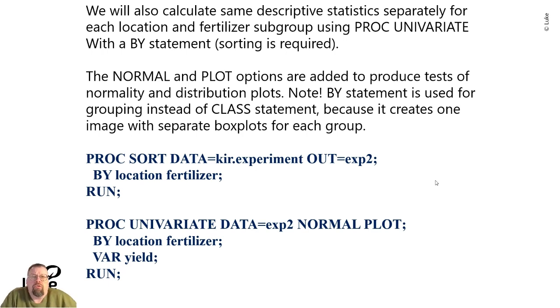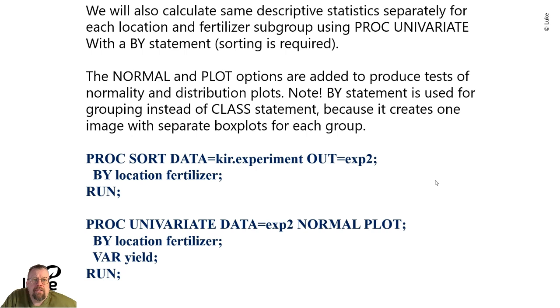Again, we can also calculate the same descriptive statistics by using proc univariate like we did earlier, and we can do that also by subgroups. We can also use the normal and plot options to add tests of normality and distribution plots.